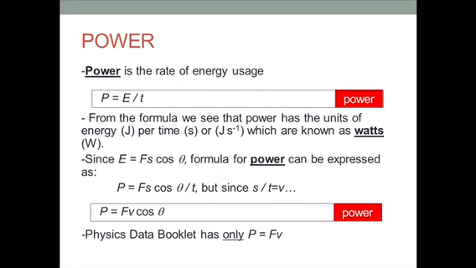Your physics data booklet has only P equals VF, so it would be wise to memorize the topmost formula and to remember that cosine theta also applies here as much as it does for energy.